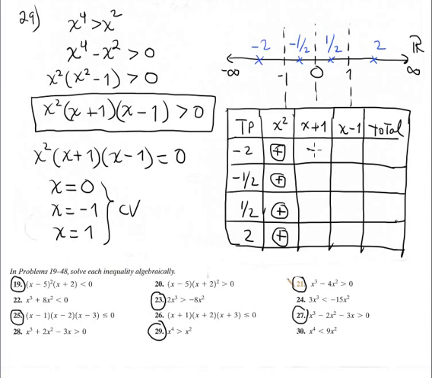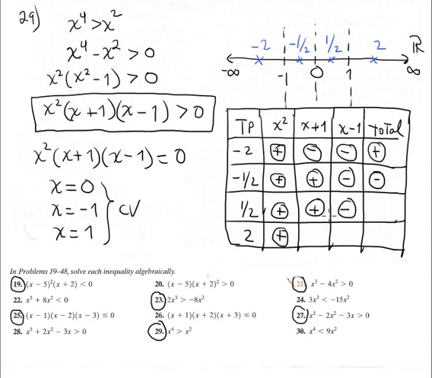Negative 2 here is negative, negative 2 here is negative. Double negative, so an even number of negatives is positive. At negative 1/2, this is positive and this is negative. The total sign is negative. At half, this is positive, but this is negative.